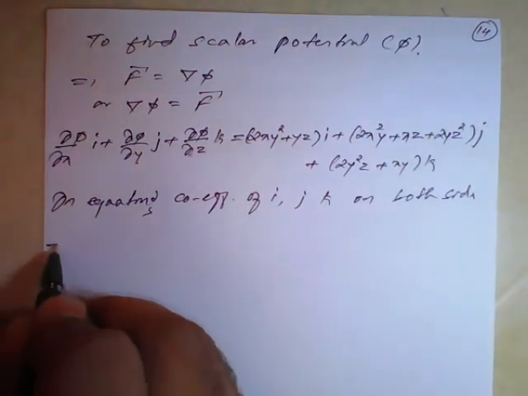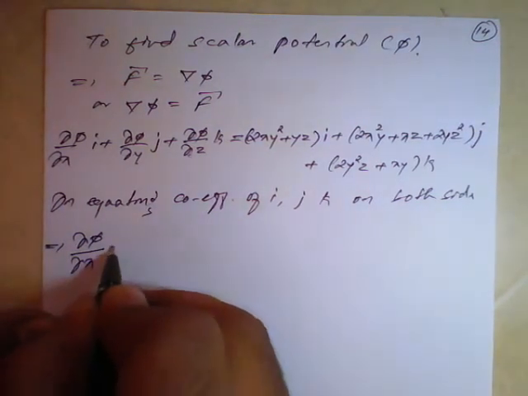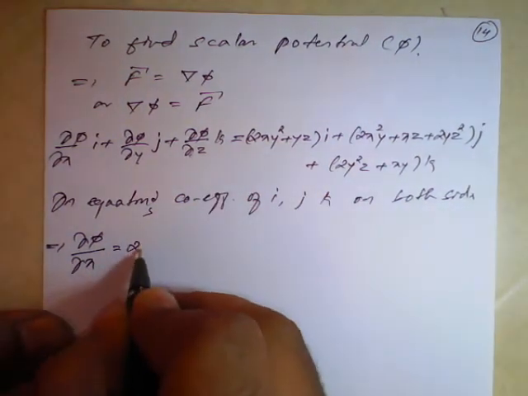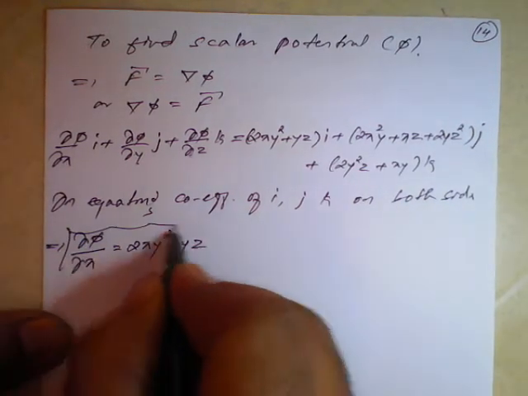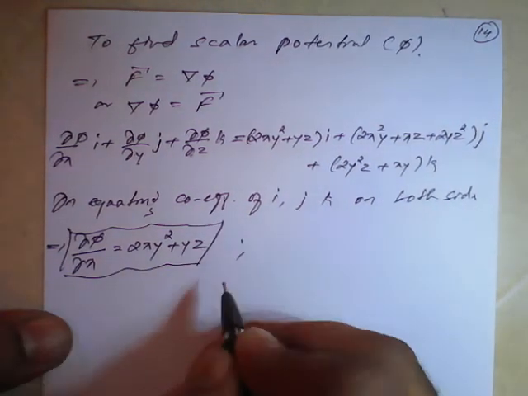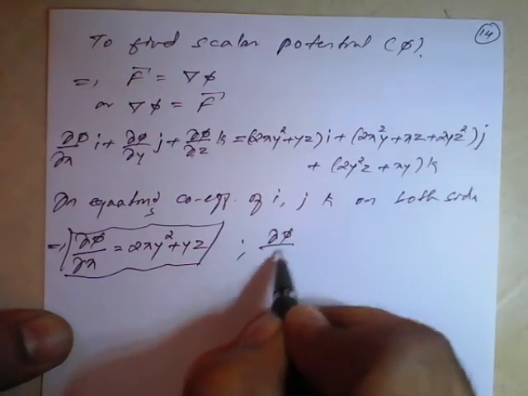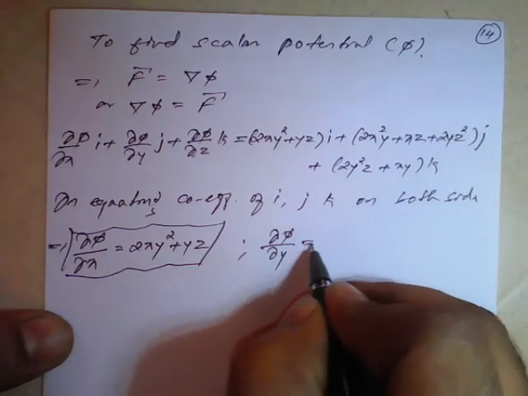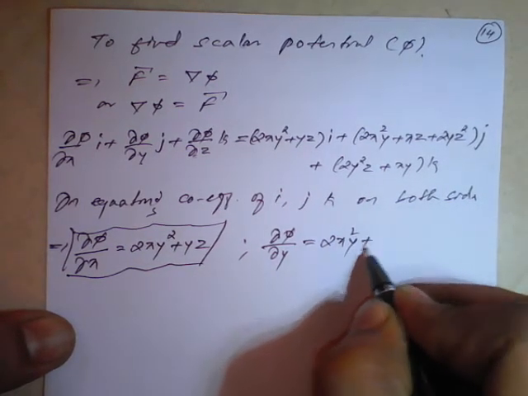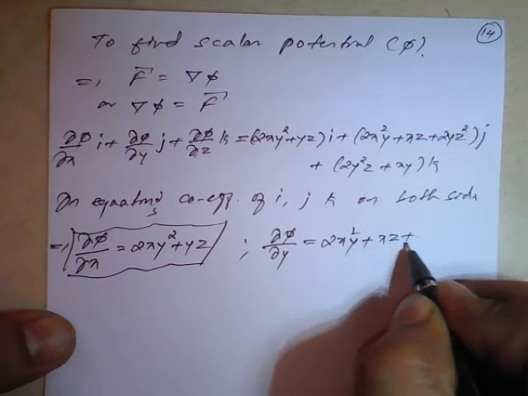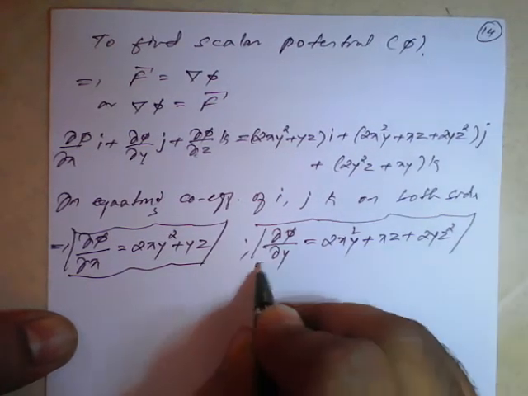So ∂φ/∂x is equal to 2xy² + yz. With respect to j, ∂φ/∂y is equal to 2x²y + xz + 2yz².